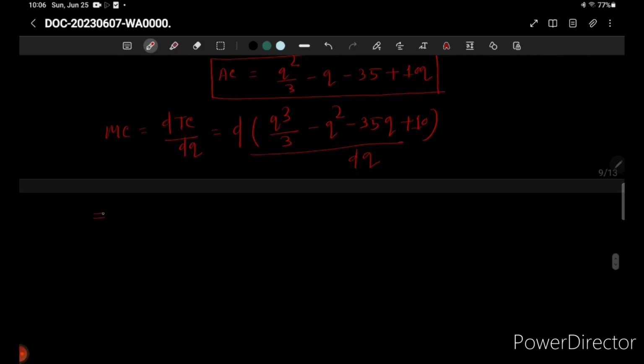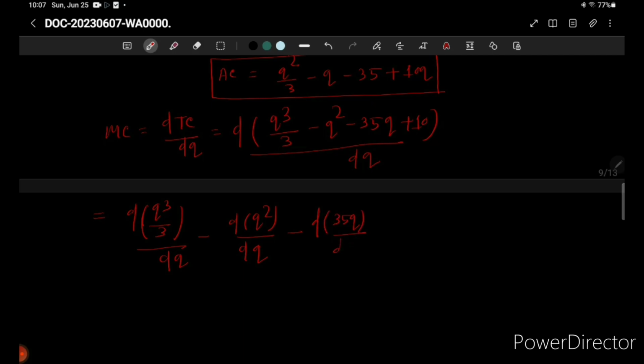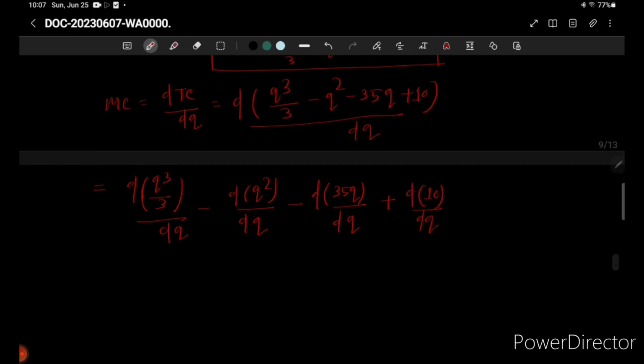So this can be written as d of Q cube divided by 3 with respect to dQ minus d of Q square with respect to dQ minus d of 35Q with respect to dQ plus d of 10 with respect to dQ.